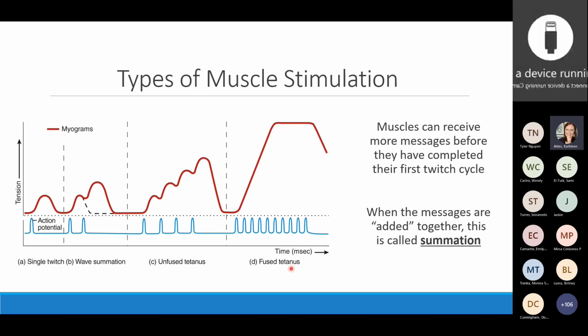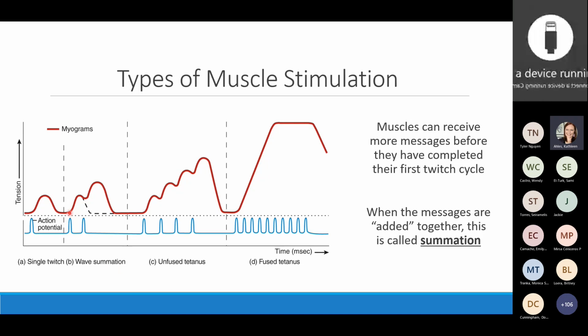When we do fused tetanus, there's no period of time where we actually get to relax. So fused tetanus is a muscle contraction that starts and is completely solid for a really long time because there's no period of relaxation. So when you're considering these different ways that muscles add together messages, summation is normal.